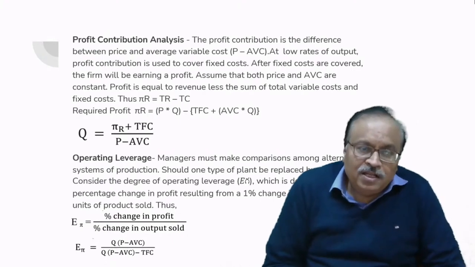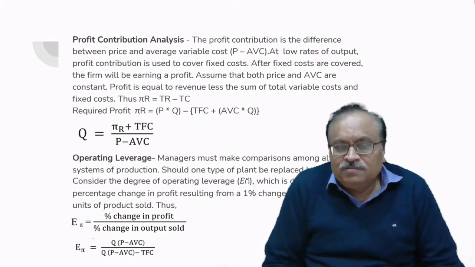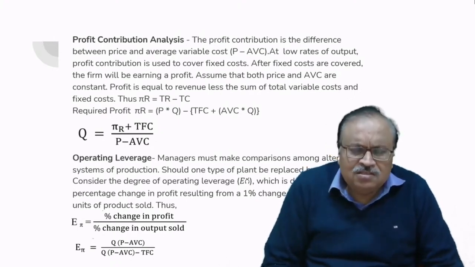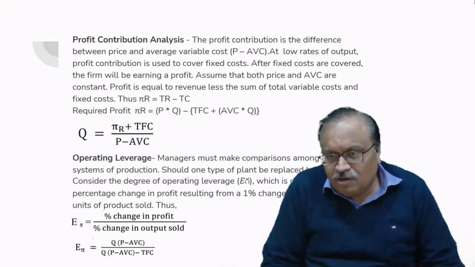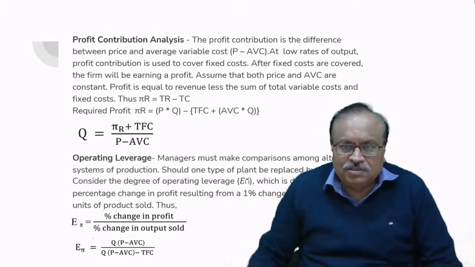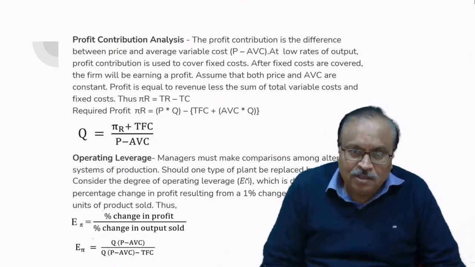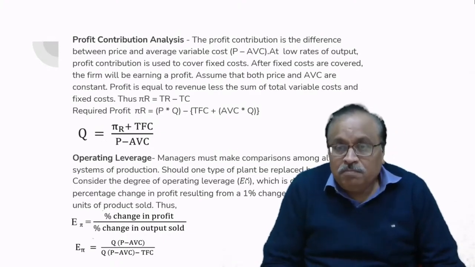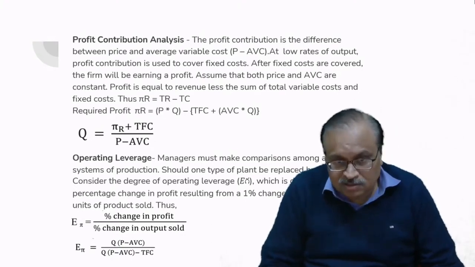Then we have operating leverage. Managers must make comparisons among alternative systems of production. Should one type of plant be replaced by another? This is a constant feature in a firm, because whatever process a manager follows, he knows that there are multiple options to generate the product of the same type. So he has the options to take a decision based on the technical efficiency and economic efficiency of the processes.